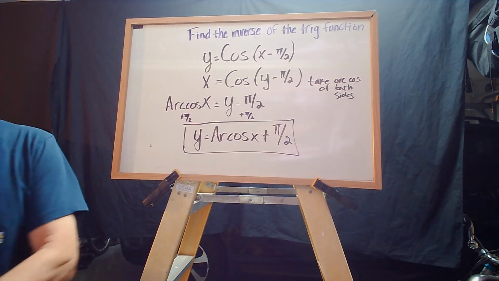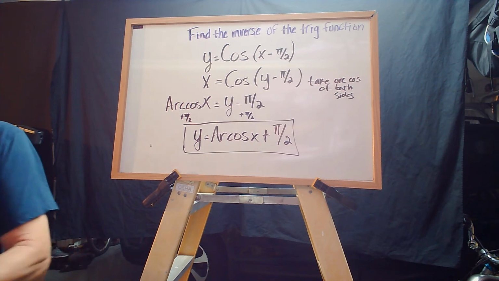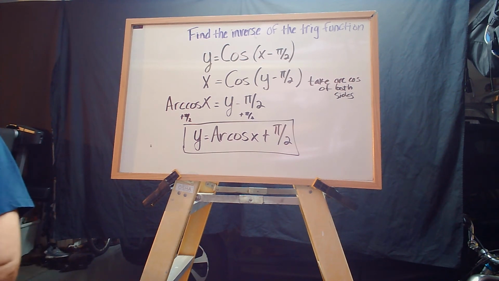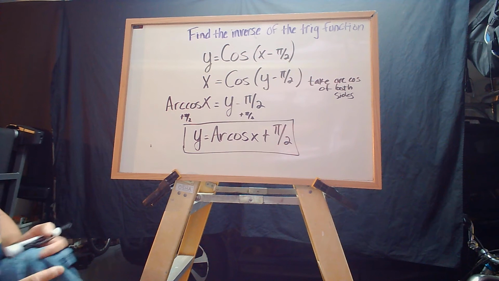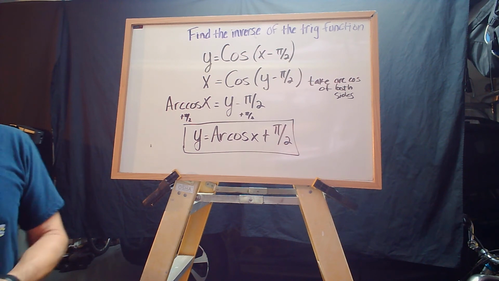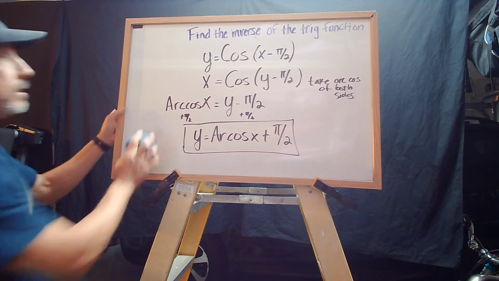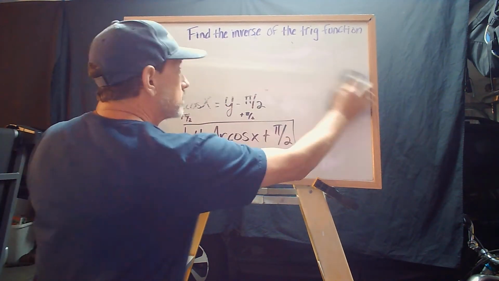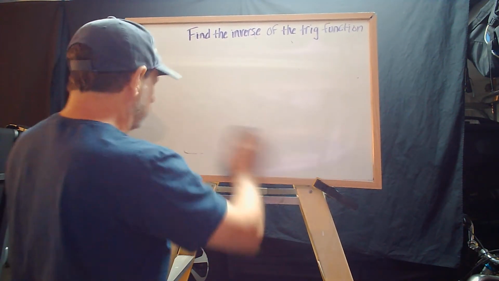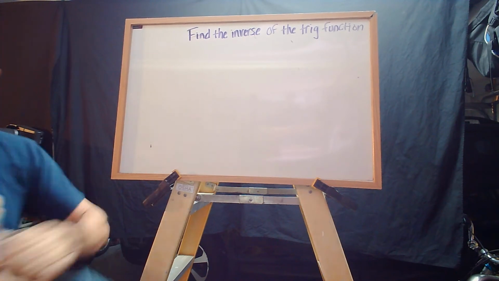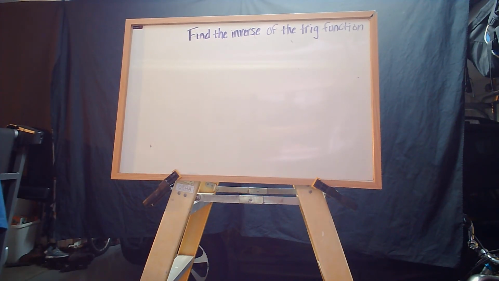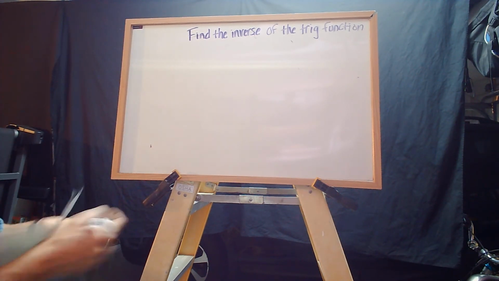Alright, for the next example, we're going to begin with something that's already arc cosine, and we're going to convert back the other way. So again, we're going to find the inverse of the trig function. This next example, I think you'll find on one of the problems in the lesson, I believe.